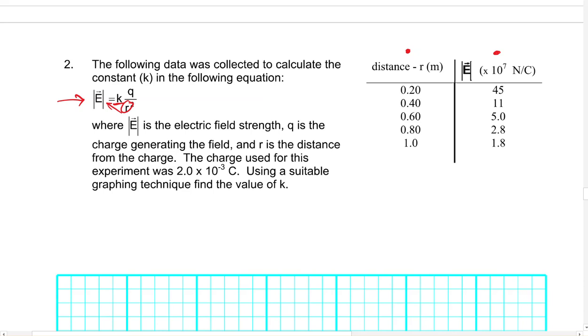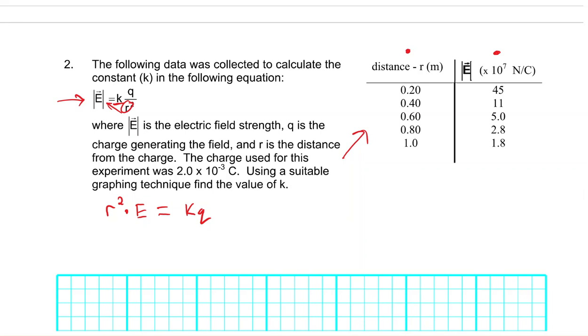Let's rewrite this as R squared times E is equal to K times Q. I'm not going to bring the Q over there. I could, but then I'd have to include that in every one of my columns, multiplying or dividing everything by Q. It's easier to leave it as part of the slope for now, and then get rid of the Q once you've figured out your slope.